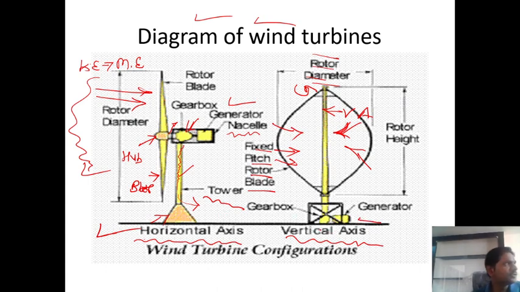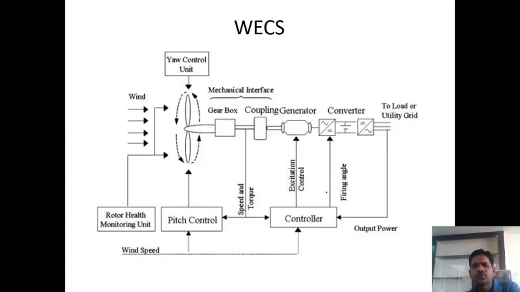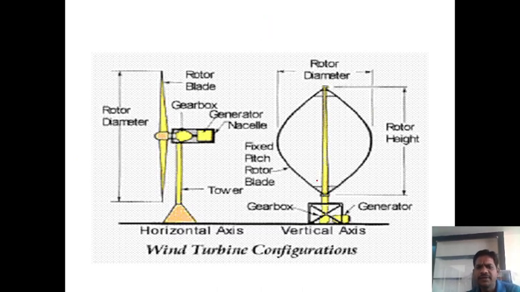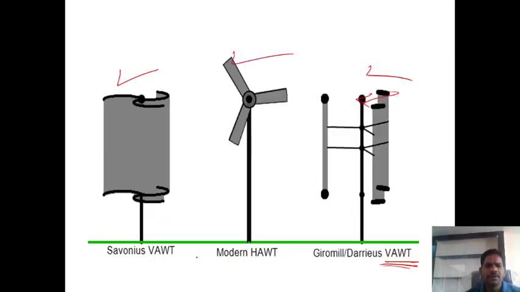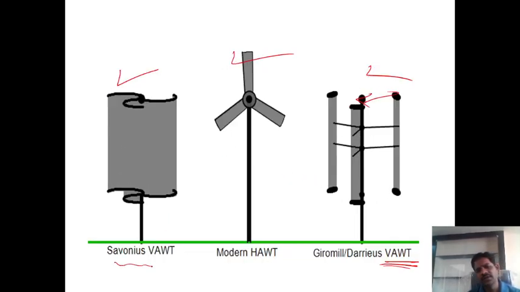So where is the generator connected? The generator is located at the bottom position of the vertical axis wind turbine. But in the horizontal axis, where is the location? The generator is at the top position of the tower. Here the generator is located at the bottom position. There are various diagrams available for the vertical axis wind turbine.